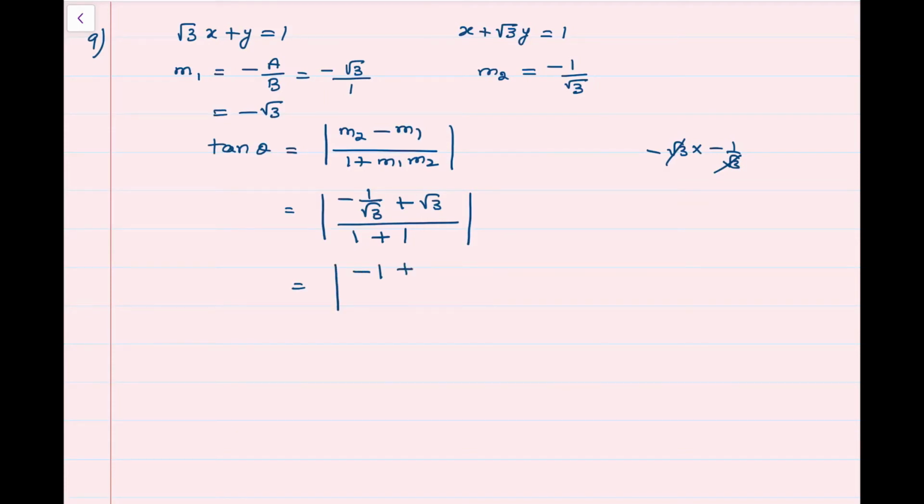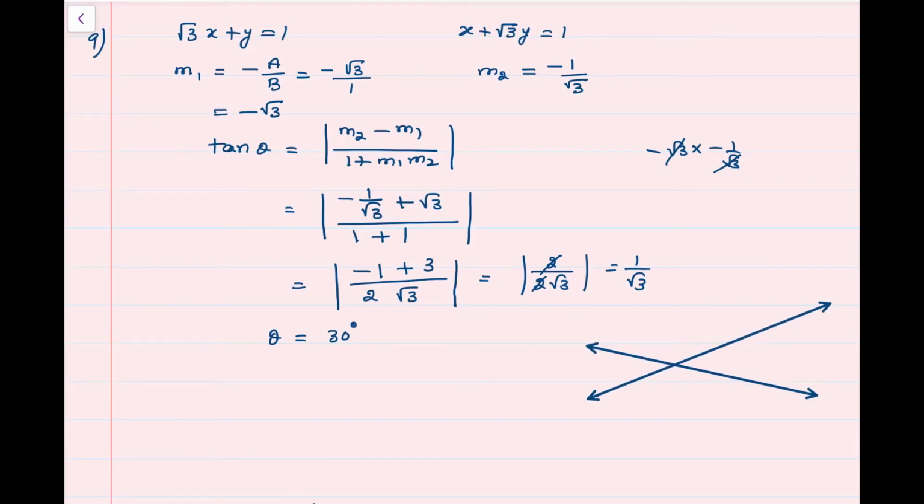We will get minus 1 plus 3 divided by 2 times root 3, which is 2 divided by 2 root 3. The answer is 1 by root 3. Tan theta is 1 by root 3. Therefore, theta is 30 degrees.